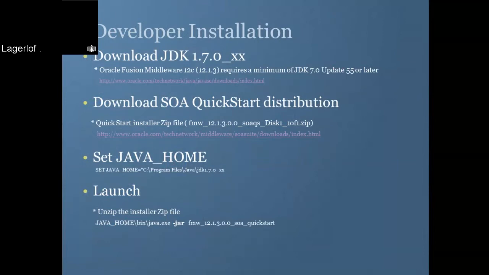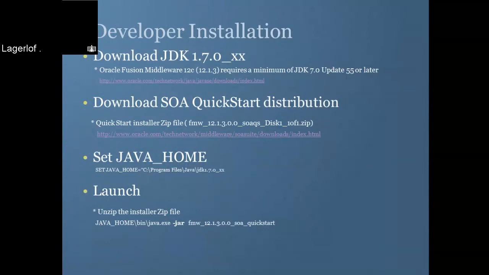It requires update 55 or later to work on the 12c environment. So make sure that you download the 1.7 version, and in 12c Oracle ships you a quick start installer distribution. With that distribution, you get a JDeveloper.